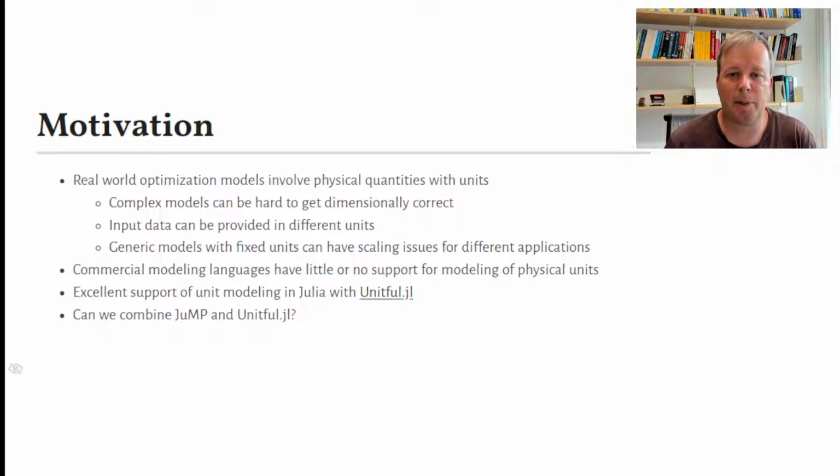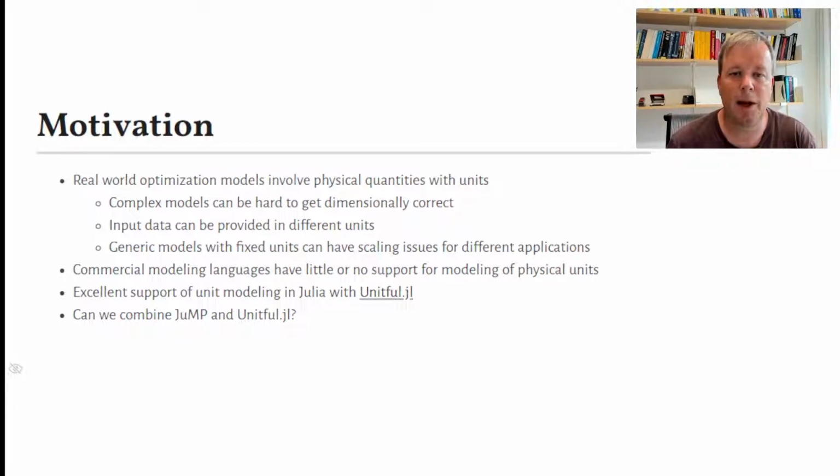Real-world optimization problems involve physical quantities with units, both for the parameters and the variables, and this can cause problems along several dimensions. Correctness: the constraints have to be dimensionally correct. Consistency: for example, input data can be provided in different units.